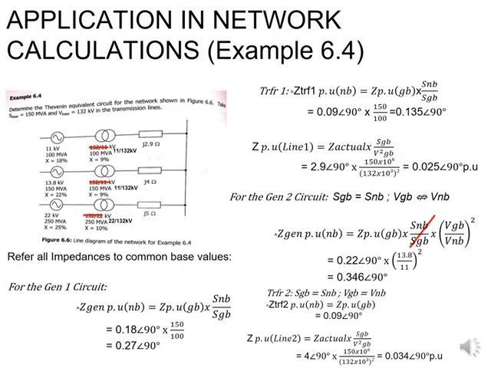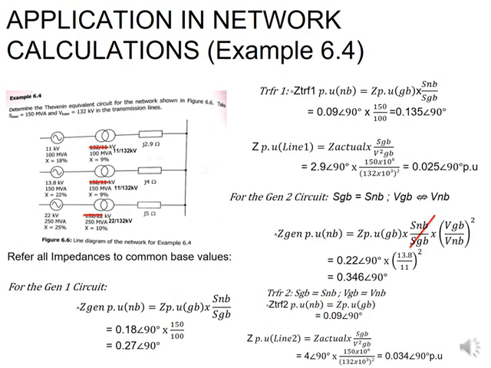Then I go to my second generator circuit, and on it you can see firstly that the MVAs there are 150. So that means that my S given and my S new base are going to be the same. So in my formulas, I do not even have to put in the S new base and the S given base.